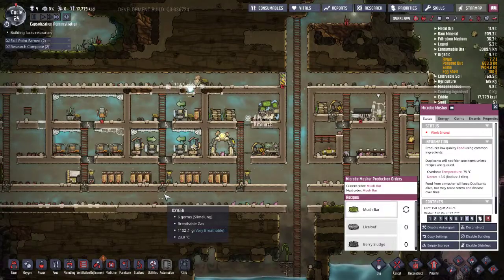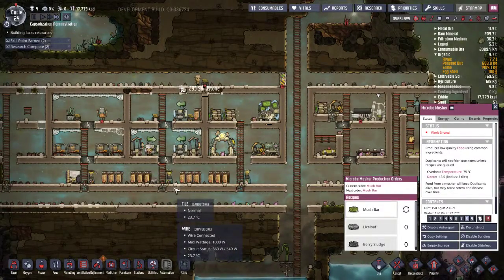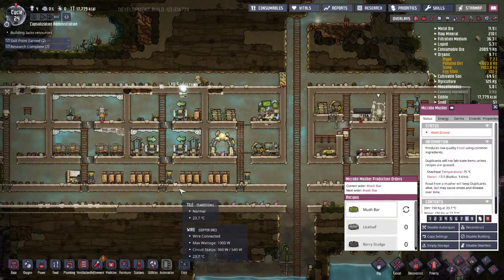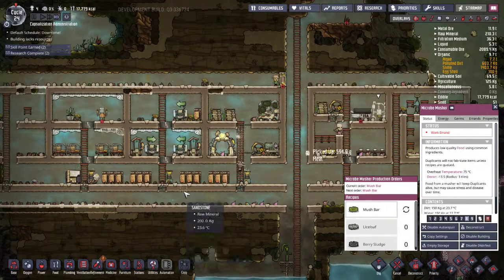Yeah, having the reservoir be able to take some bleach stone in order to purify the liquid inside of it would be nice.